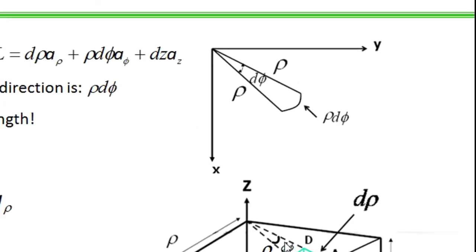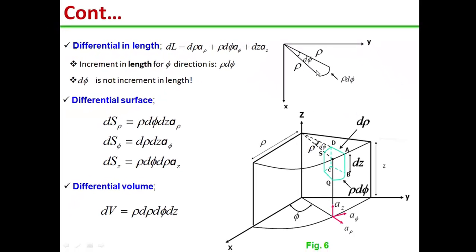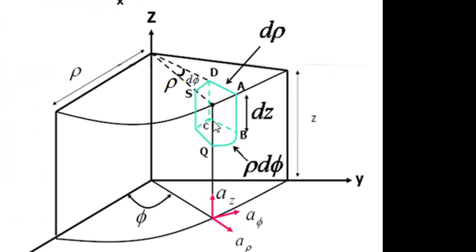For more clarification, you can see this figure where rho is the radius of the cylinder and d phi is the change in the horizontal angle. So arc length can be calculated as radius multiplied by angle, and the change in the angle is given by d phi. So the arc length is the radius multiplied by the change in angle, that is rho d phi. So rho d phi is the differential length along the phi direction, which is written here as rho d phi a phi plus dz a z. Dz is the differential length along the z direction.